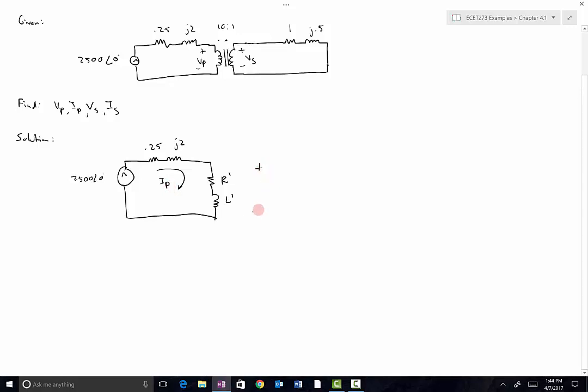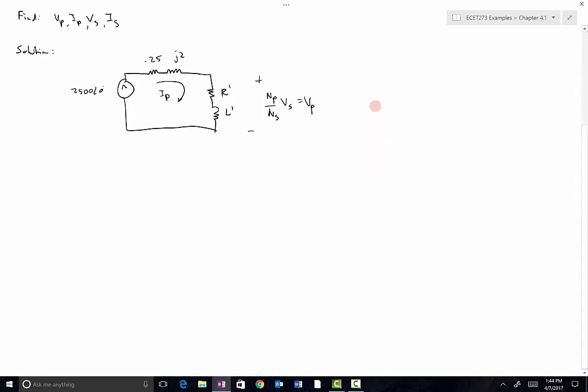The voltage across here is the turns ratio NP over NS times VS, which you'll recognize as equal to VP. That holds because in an ideal transformer, VP over VS is NP over NS. So all those same relationships still hold. That's the circuit model we need to solve.